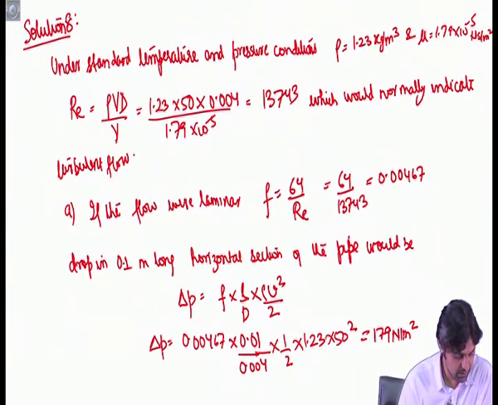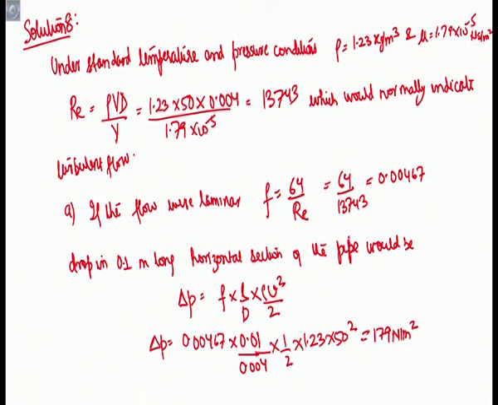All right. So we can calculate everything here. So 179 Newton per meter square. All right.